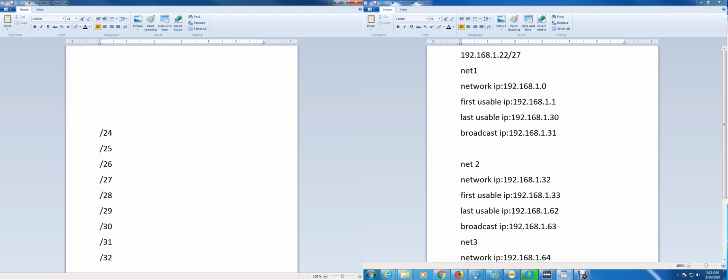/32 has 1 usable. Then you go to /31, which is 2, /30, which is 4, /29, which is 8, /28, which is 16, /27, which is 32, /26, which is 64, /25, which is 128, and /24, which is 256.